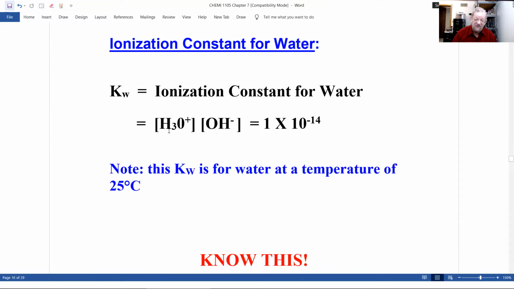Since unfortunately I don't teach equilibrium in this class, there are certain constants you can create for equilibrium.